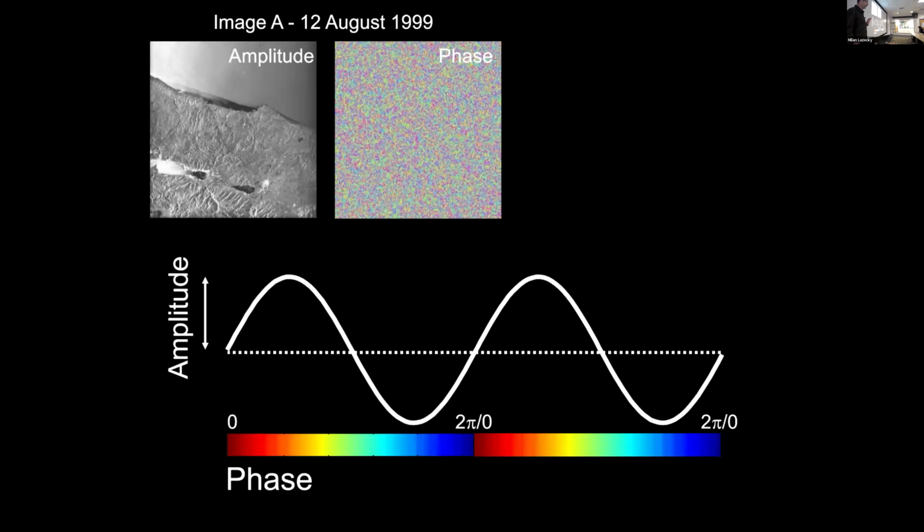The phase information in a single image looks meaningless. If you ever open up your single look complex image and plot the phase, typically you have a real and an imaginary part, so you have to do a little transformation to get the amplitude and the phase. But if you do, it'll look like random noise. That's because the precise distance to each pixel is much more variable than that wavelength.